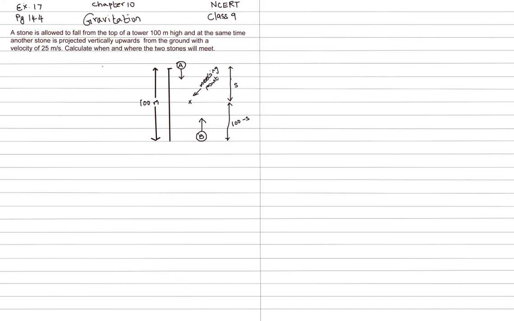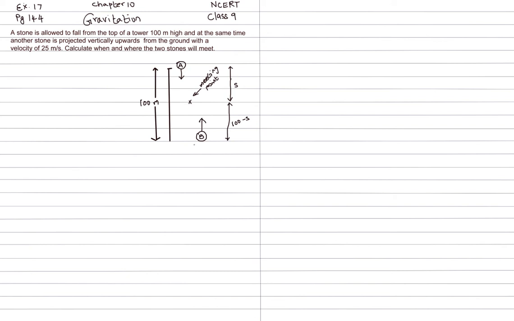So for any problem, we first have to draw what the meeting point is, what the length of the tower is, and so on. They are also given that the second ball is projected vertically upwards from the ground with a velocity of 25 meters per second.